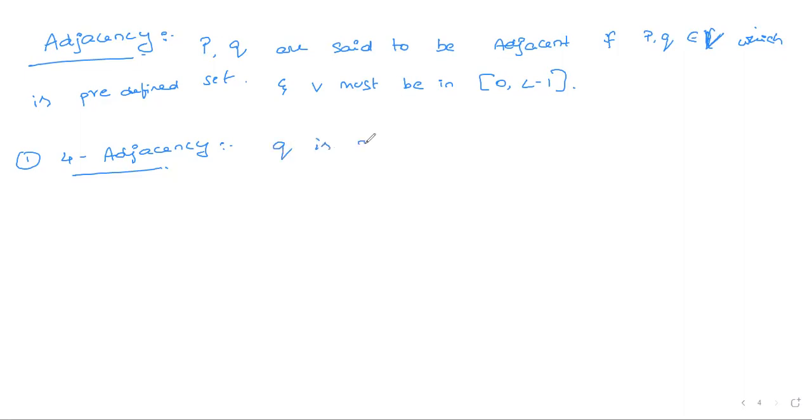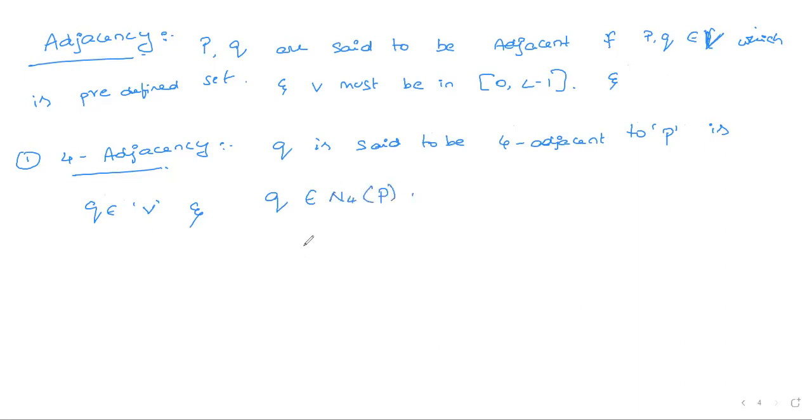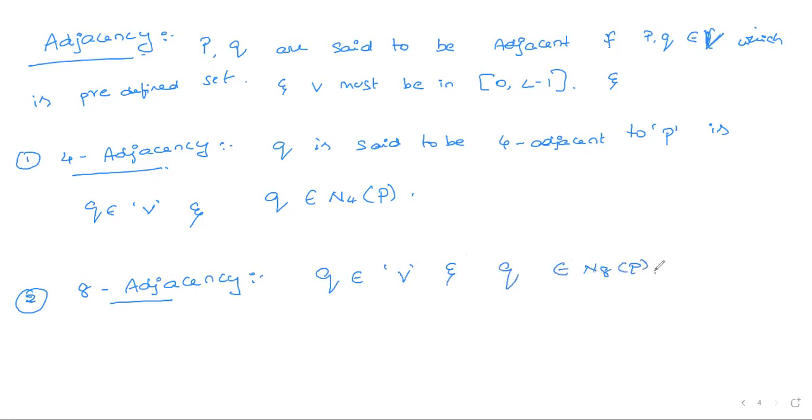Q is said to be 4 adjacent to P if Q belongs to V and Q must belong to N4 of P. Second one, 8 adjacency. 8 adjacency means Q belongs to V and Q belongs to N8 of P. Then we call it 8 adjacency.